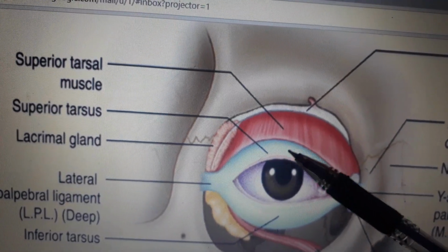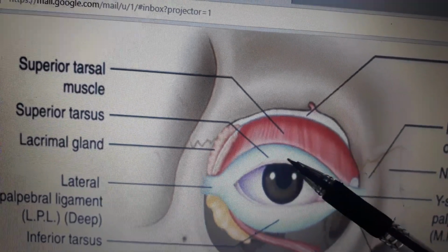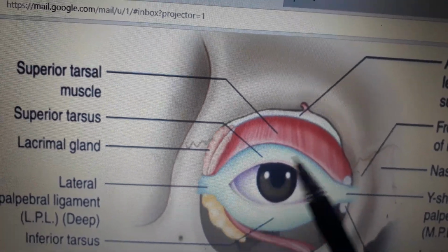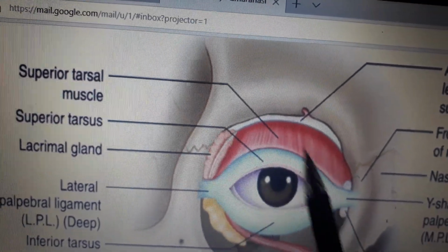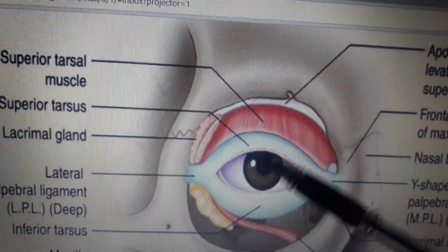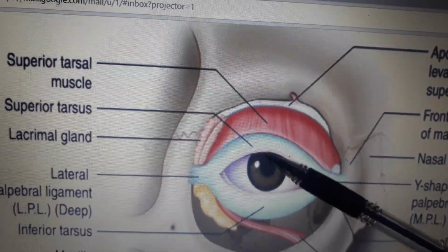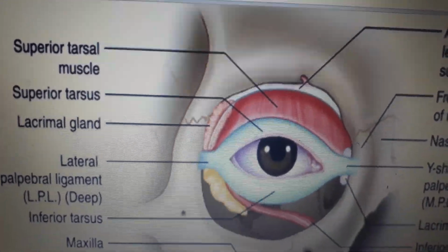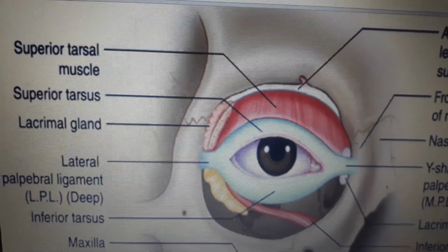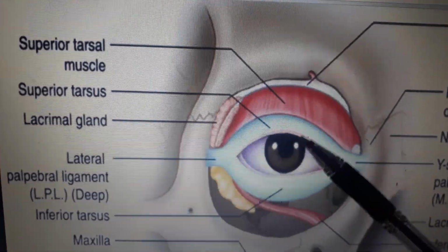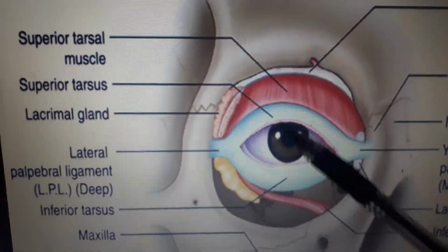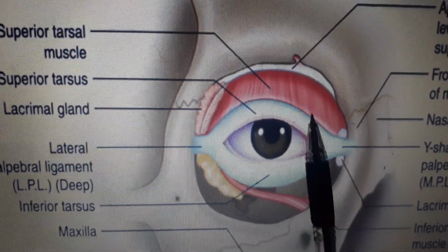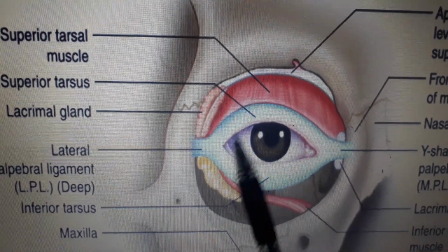The ducts open into the lid margins, which secrete the oily secretion. These are modified sebaceous glands. The oily secretion is lipid, and its function is to prevent evaporation of the tear, protect the eyeball, and act as a lubricant.